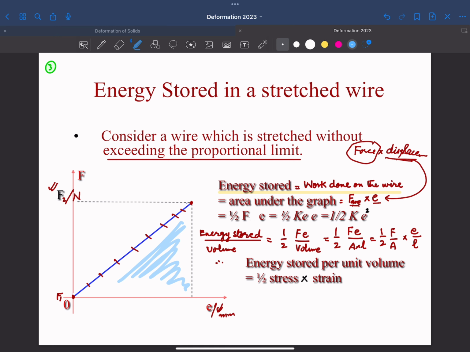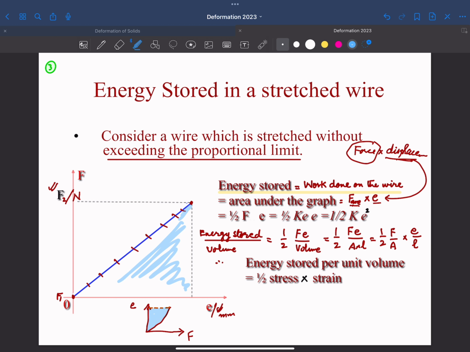Remember this point: the area under the curve is always taken towards the extension side. What does this mean? Sometimes the graph will be drawn the other way, with the extension along the y-axis and force along the x-axis. In that case, the extension is towards the y-axis, and this will be our area for the work done or energy stored in a body.